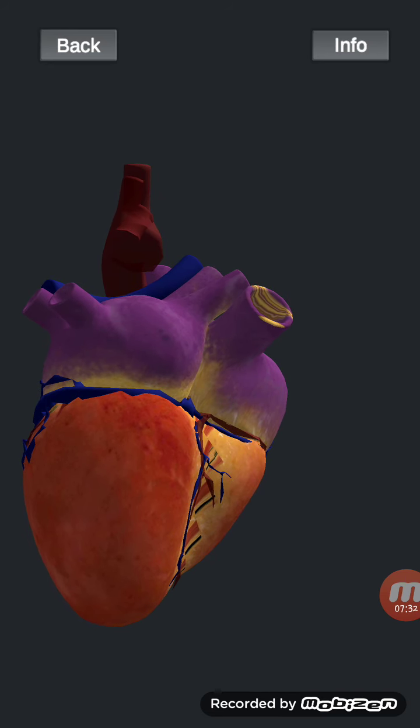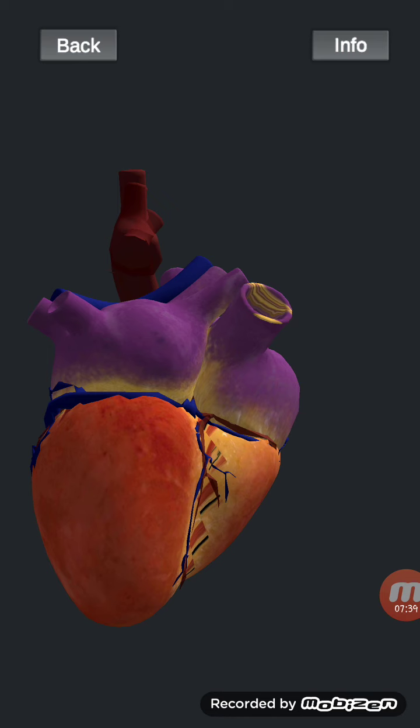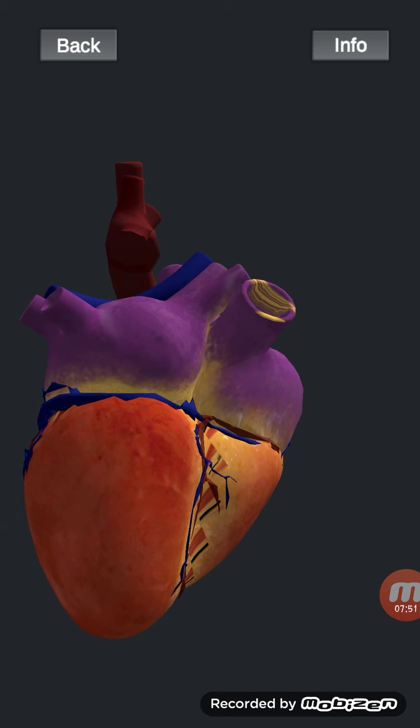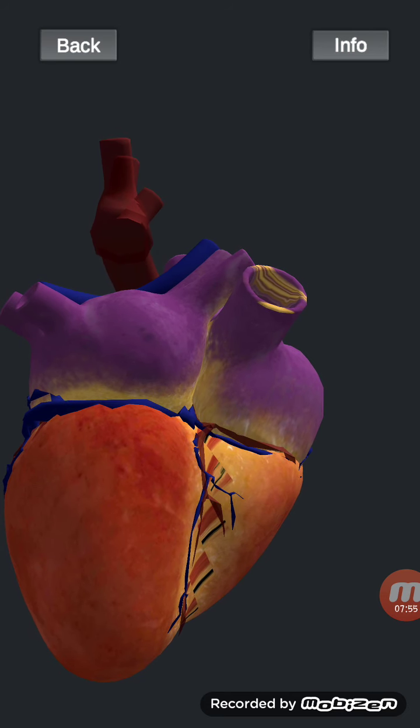Next one, external structure of the heart. Human heart has four chambers. See here, this is right atrium, this is left atrium, this is right ventricle, this is left ventricle. The two small upper chambers are called atria or auricles.